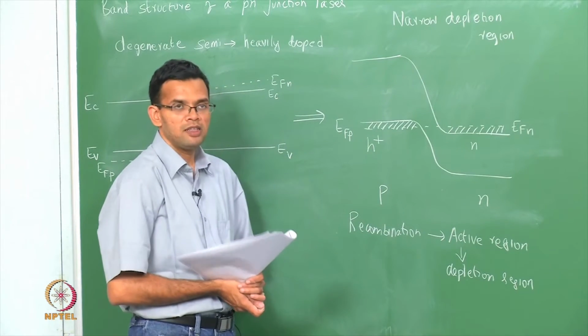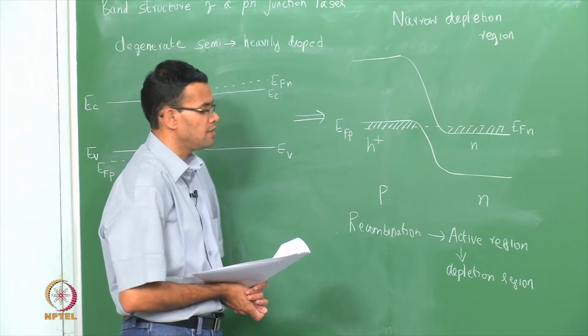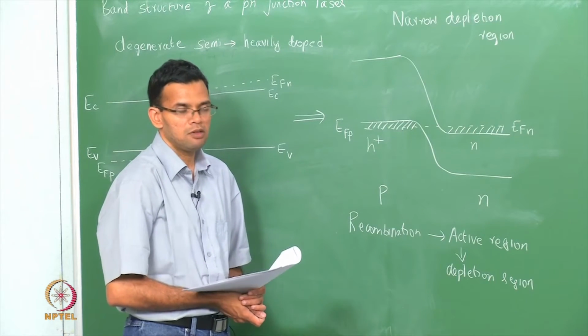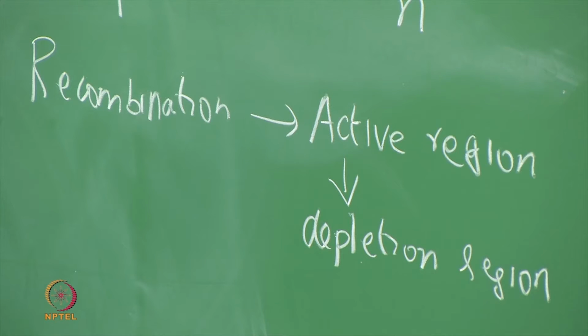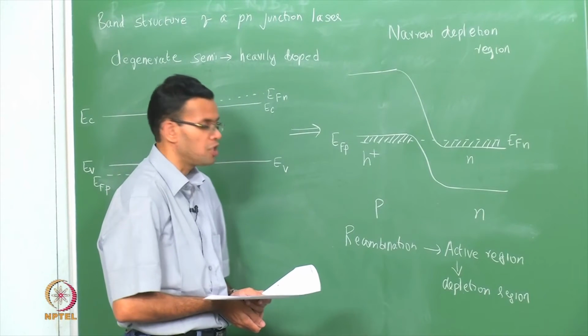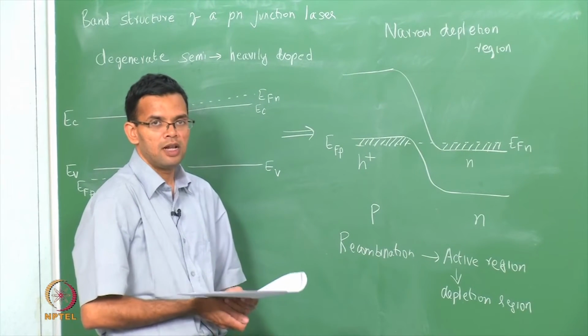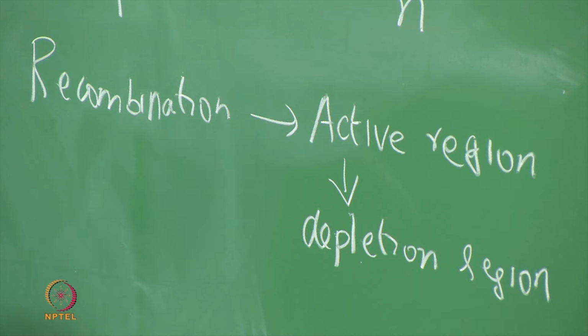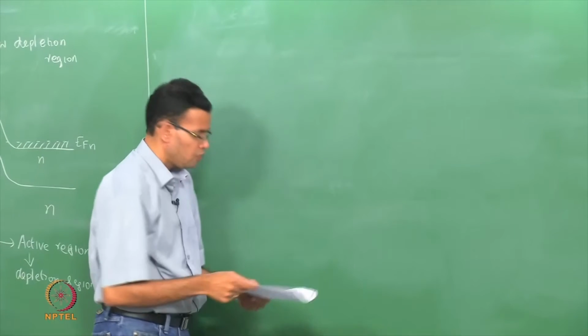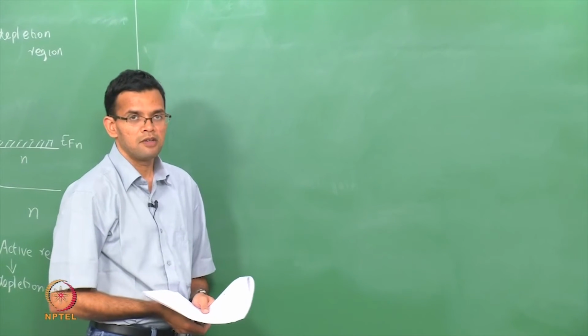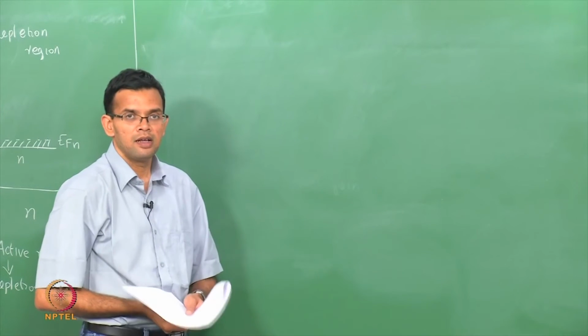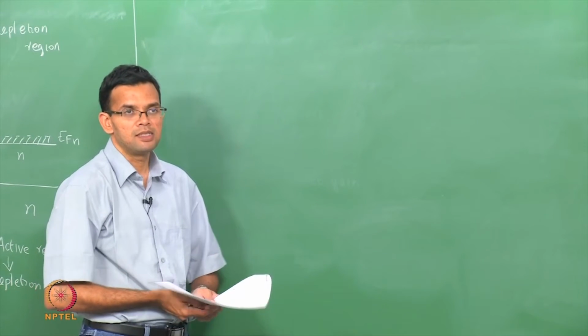We can modify the structure. In this particular case, it is a simple p-n junction based upon the same material. Just like in the case of LEDs, we can use heterojunctions, or we can also go for a double heterostructure. So, let us look at an example of that. We already saw earlier that we had a gallium arsenide, aluminum gallium arsenide based system.